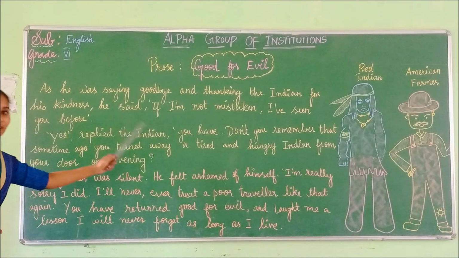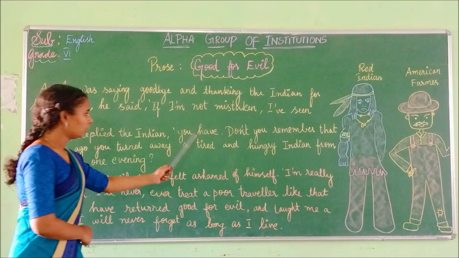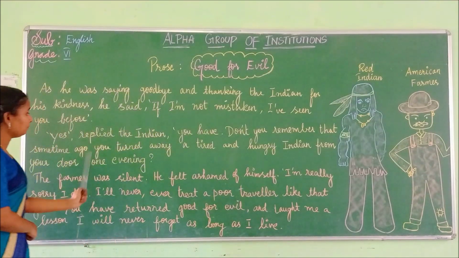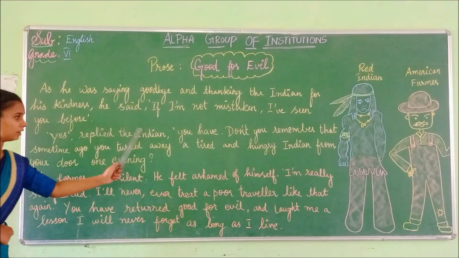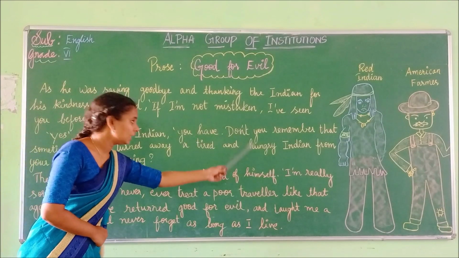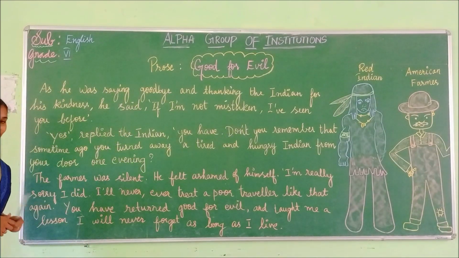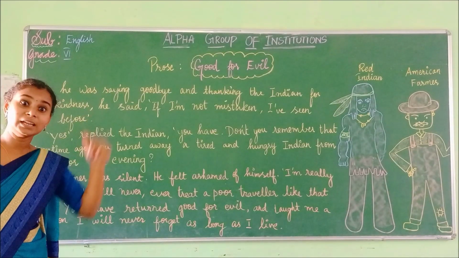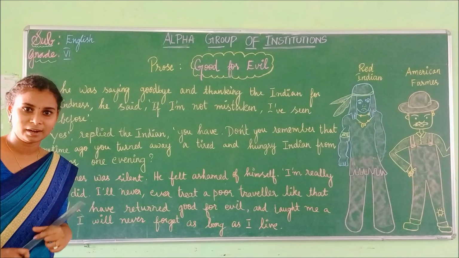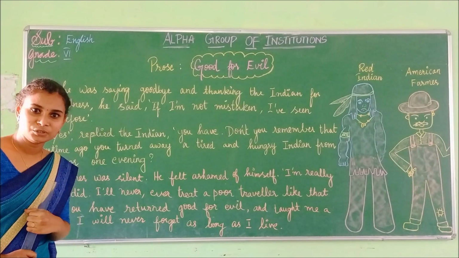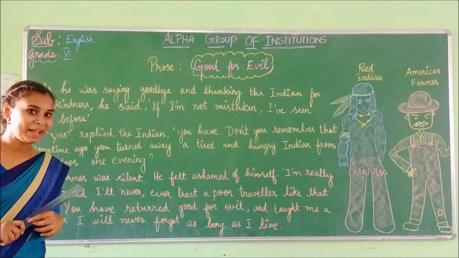"Yes," replied the Indian, "you have. Don't you remember that some time ago you turned away a tired and hungry Indian from your door one evening?" So the Indian is asking, "Don't you remember that evening you turned away a Red Indian from your door?" So next what happens?